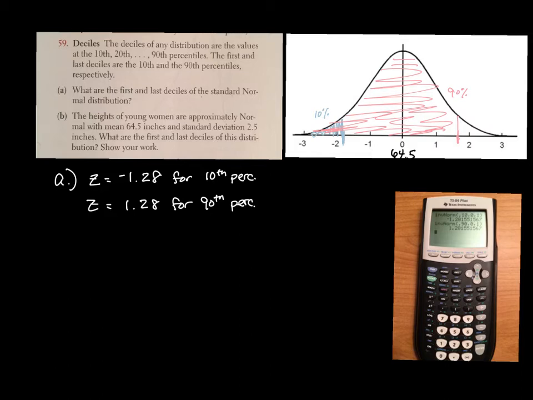And now I'm going to do 64.5 plus 1 standard deviation, 2.5, which gives us the next number, where 1 would be, is actually 67. Plus another 2.5 gives us 69.5. Plus another 2.5 gives us 72. And now I'm going to work backwards, and I'm going to do 64.5 minus 2.5 to go to the left of the mean.